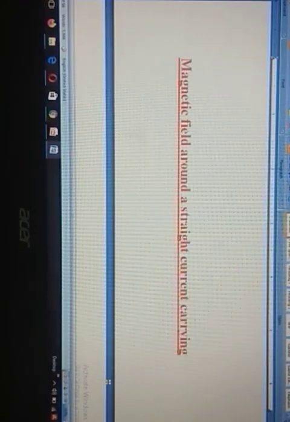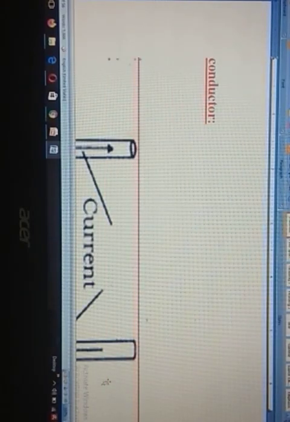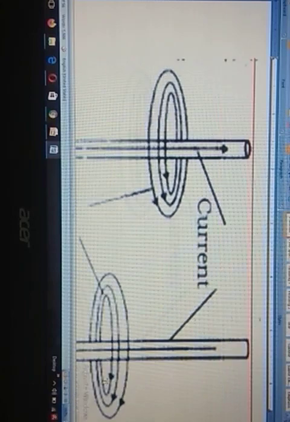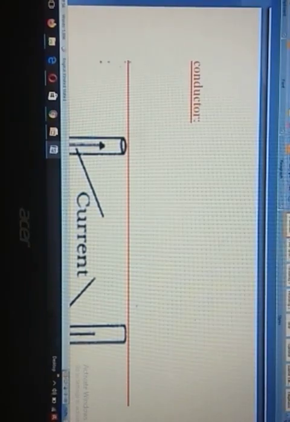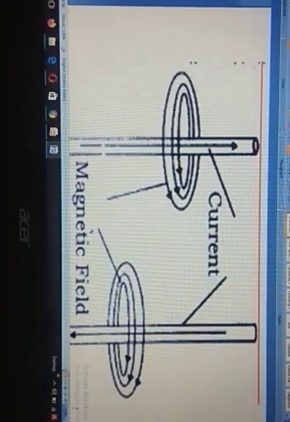We have to learn about the magnetic field around a straight current carrying wire. We can say that a magnetic field is produced by a current carrying wire.